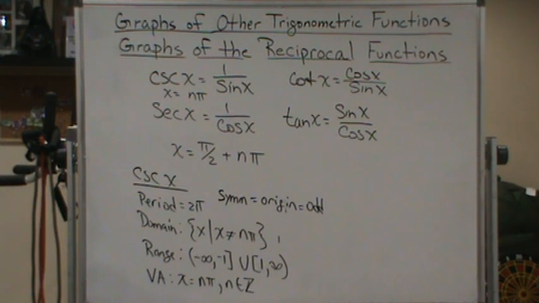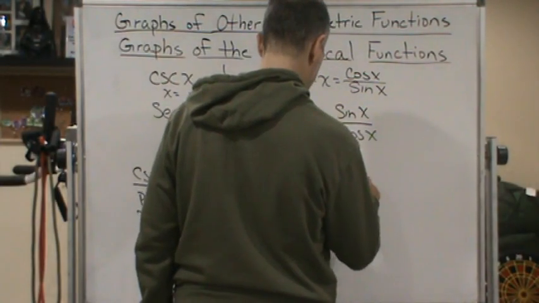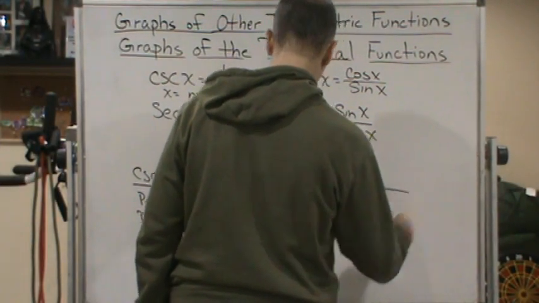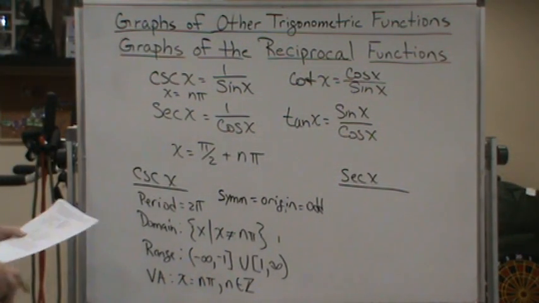Now, what about secant? The period is also 2 pi.